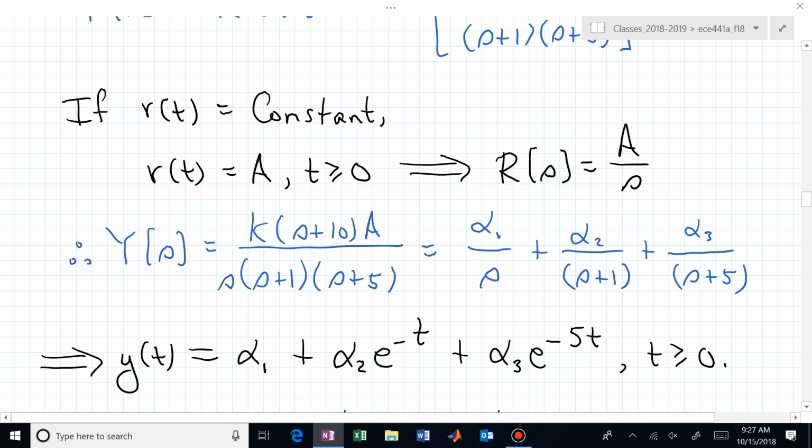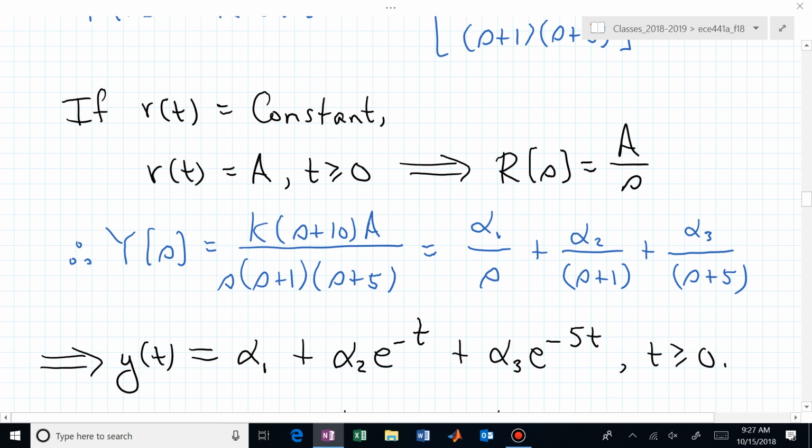Do those surprise you, those modes? Did that catch you by complete surprise that you had an e to the minus t and an e to the minus 5t in your answer for y of t? Why not? You had open loop poles sitting at -1 and -5.